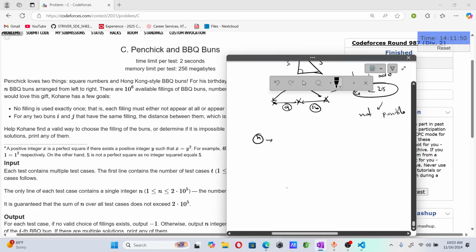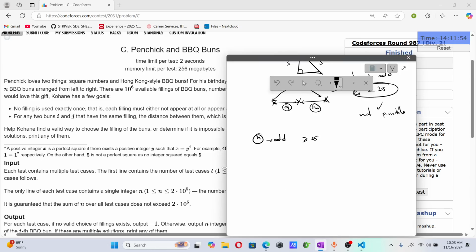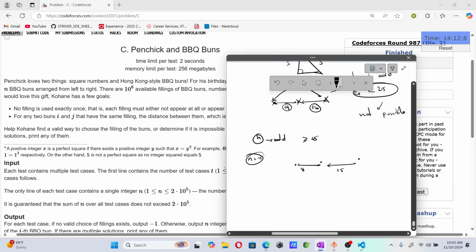So my n is odd and greater than 25. Let us say for n equals 25, can I do anything? So there are 8 here, and there are 15 in the middle. That makes it 22 plus 3, 25.